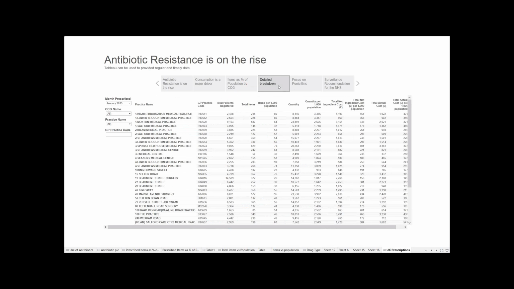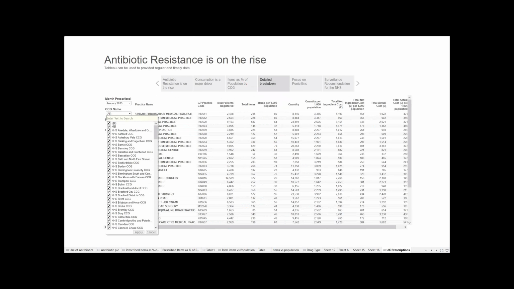And I've also created new columns for, let's say, total items, so you can understand it better: not as a percentage of the population, but the total number of items per 1,000 of the population, which makes it easier to understand for the end user. And then you can break it down by CCG.